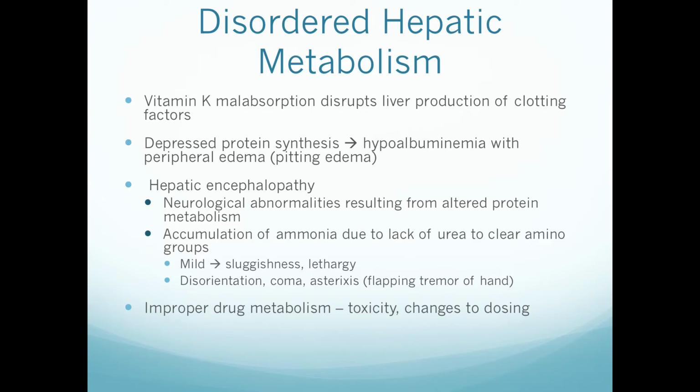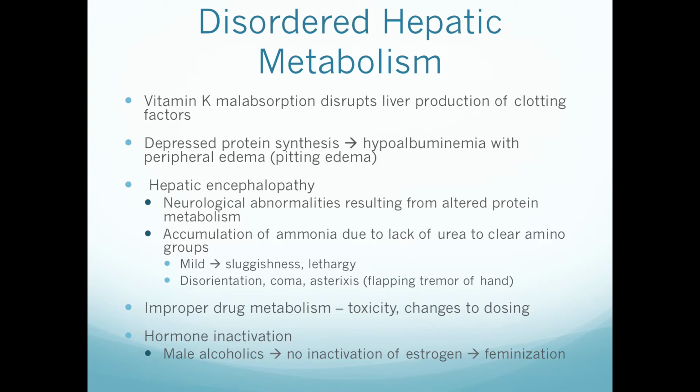So drug action is prolonged because there is not adequate liver function needed to metabolize those substances and then remove them from the body. So changes to dosing are encouraged for individuals with liver abnormalities so that we don't build up substances to toxic levels.